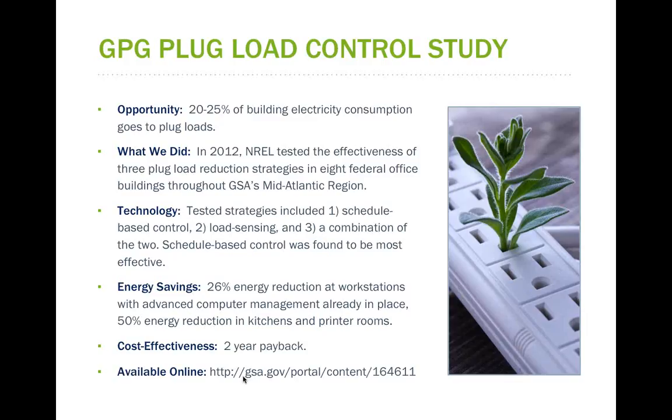So in an office situation with typical office occupancy patterns, we found schedule-based strategies to provide the biggest bang for our buck, with 26% energy reduction at workstations and 50% reduction in kitchens and printer rooms, with a simple payback of just 2 years.